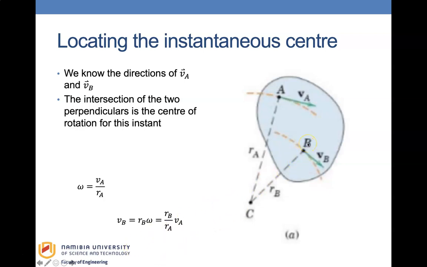For example, the velocity of B will be equal to RB multiplied by omega, which is also equal to the ratio of RB and RA multiplied by V of A.